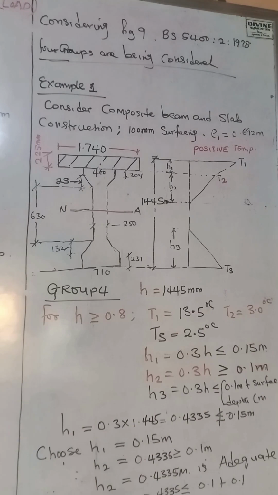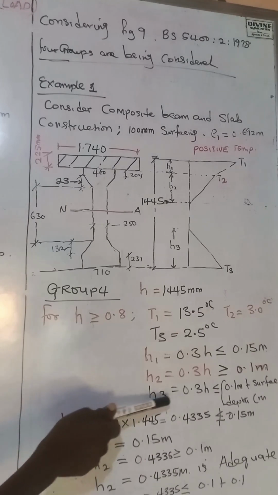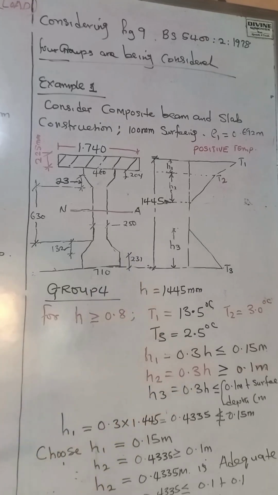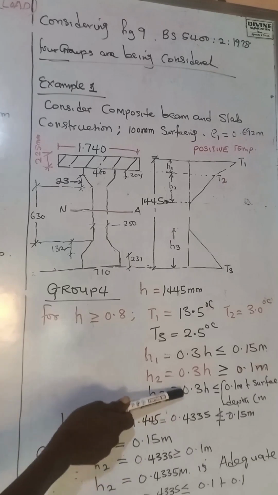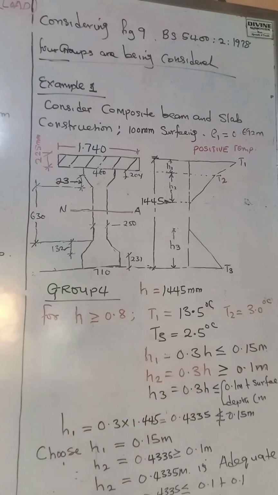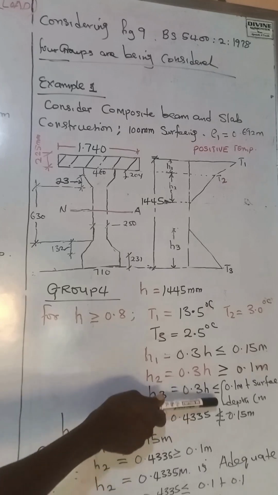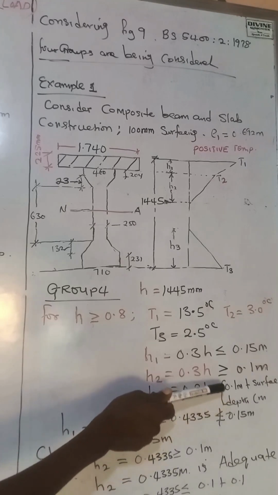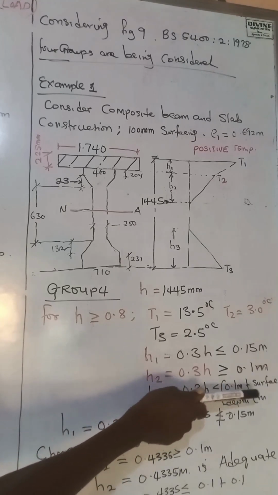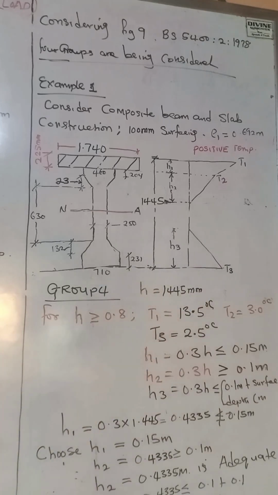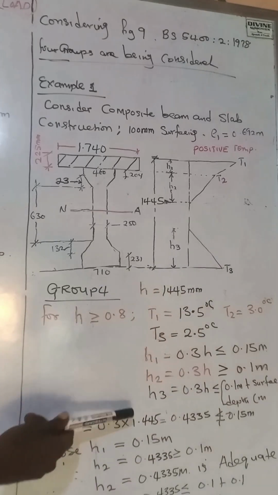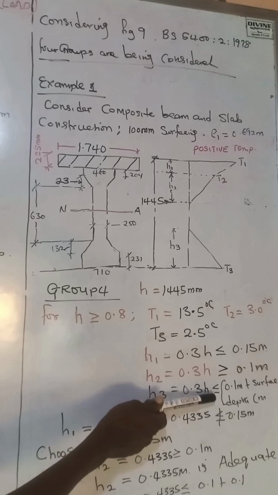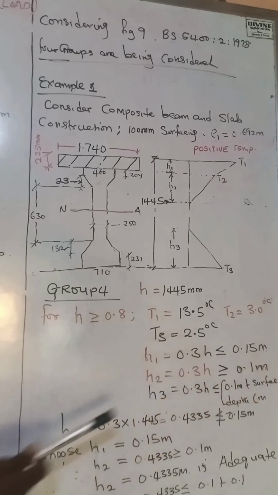So we can work that out, and we know that our H3, according to the positive temperature diagram, is equal to 0.3H, and we are told that H3 must be less than or equal to 0.1 meter plus surfacing. All right, so in this case, we discover that our H3 is 0.3H and must be less than 0.1 meter plus our surfacing depth.